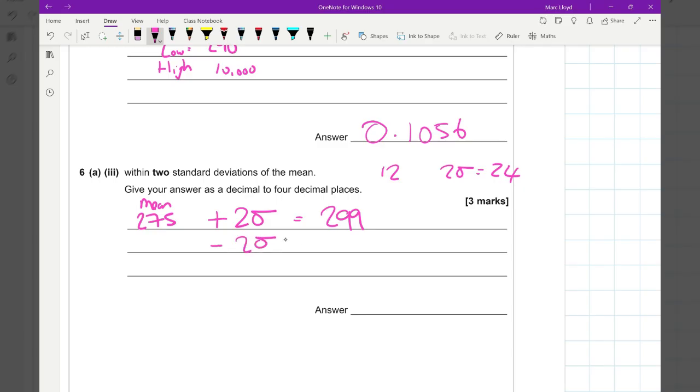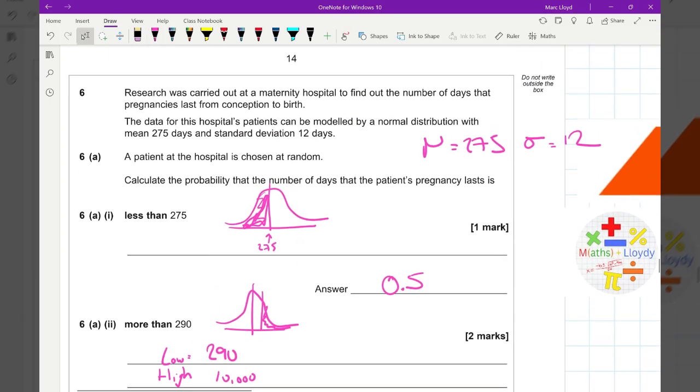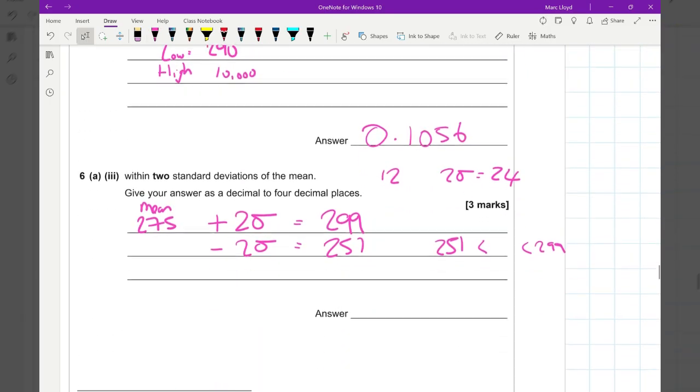And if we subtract 2 standard deviations, that's going to give us 251. So we need to know the probability of it falling between 251 and 299. What letter am I going to put in the middle of that? D for days? Yeah, that'll do.